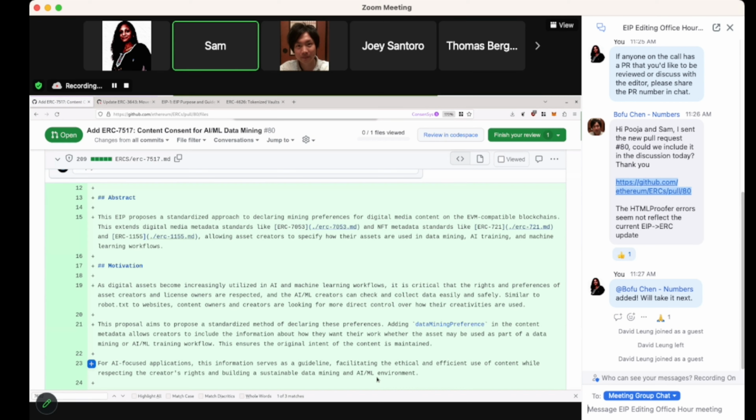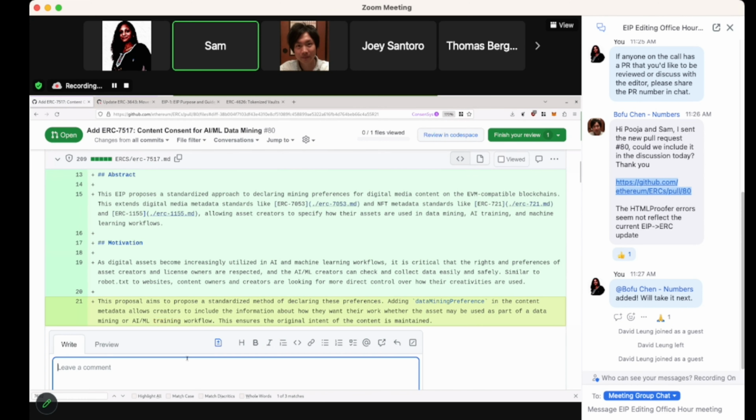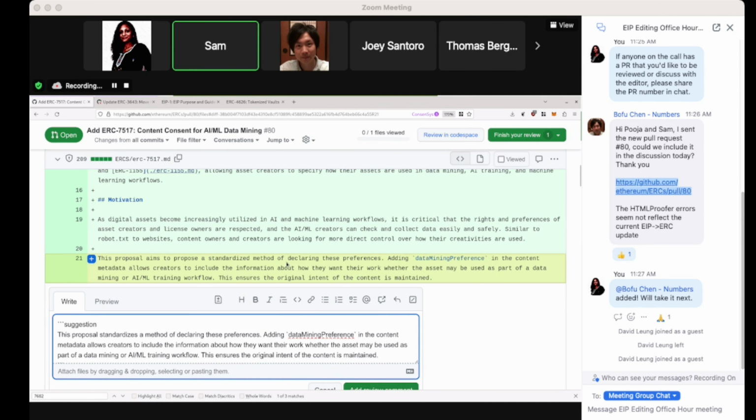This proposal aims to propose declaring these preferences. Adding data miner preference in the content metadata allows creators to include information about how they want their work.